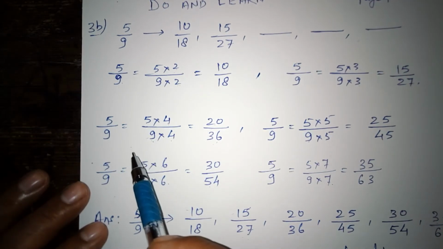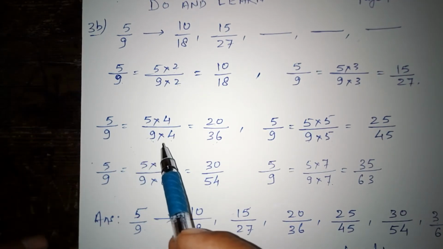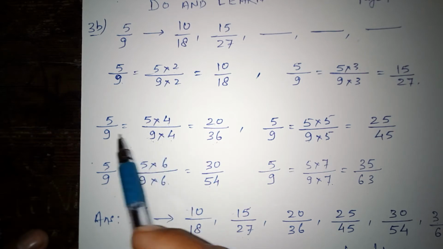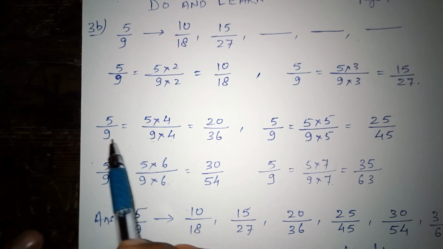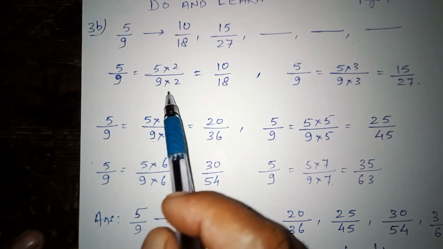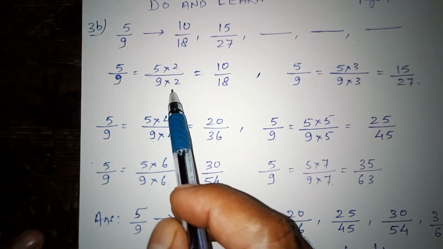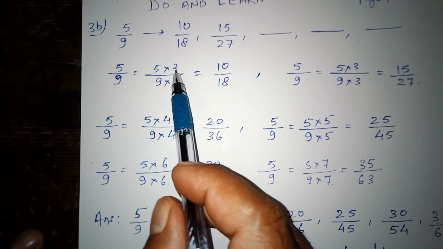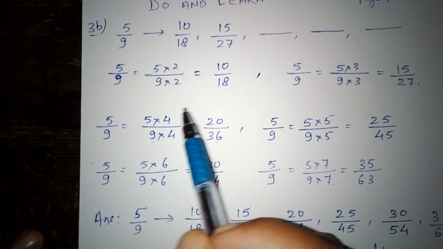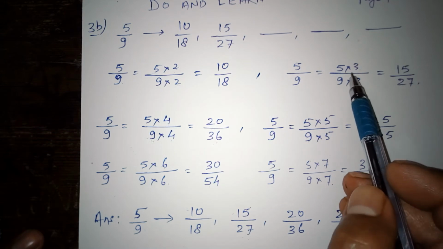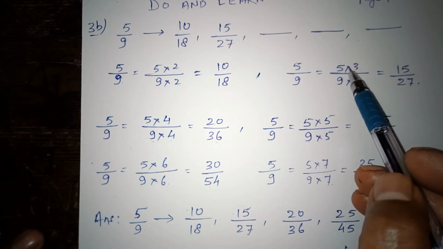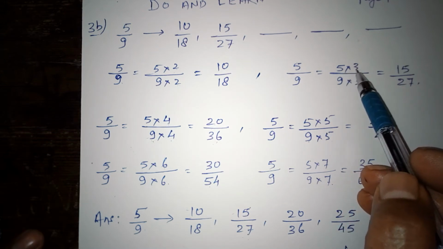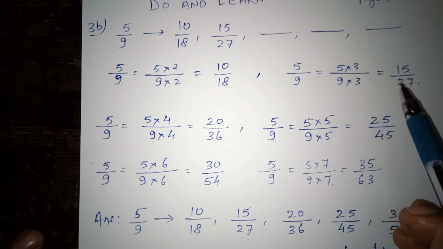Again we will find another equivalent fraction of 5 upon 9. In the first condition we multiplied by 2 in numerator and denominator. Then we multiplied by 3 in numerator and denominator.